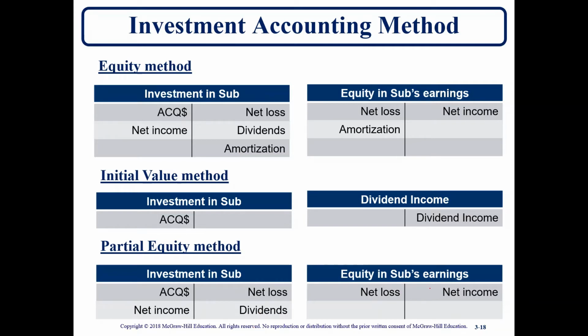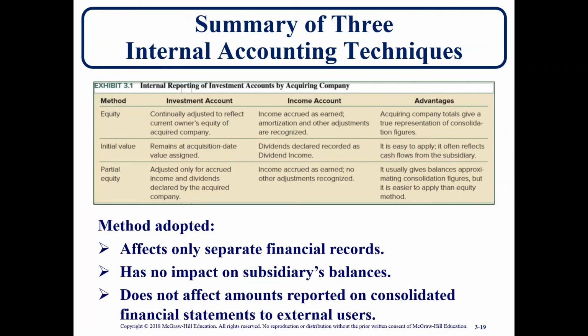The same thing under the equity in sub earnings, where the amortization is absent. So this is basically just a snapshot of the differences between the three methods. You have a summary of these differences in Exhibit 3.1. So please review this, especially for the exam.